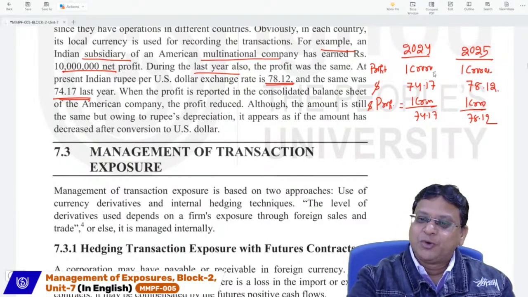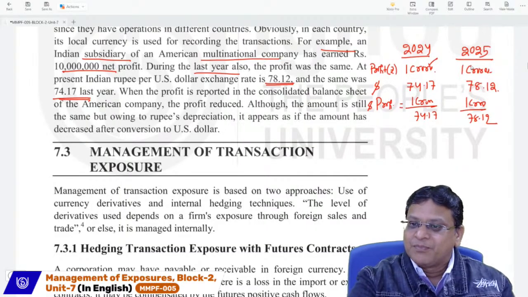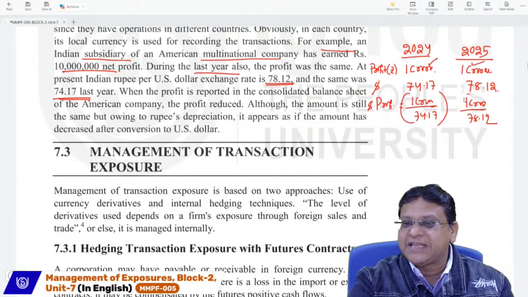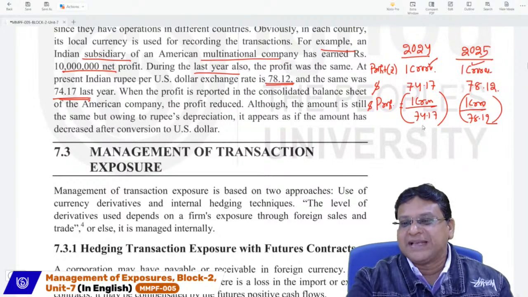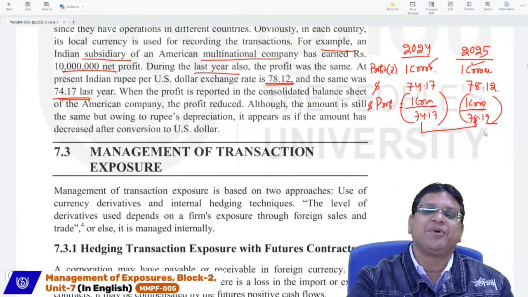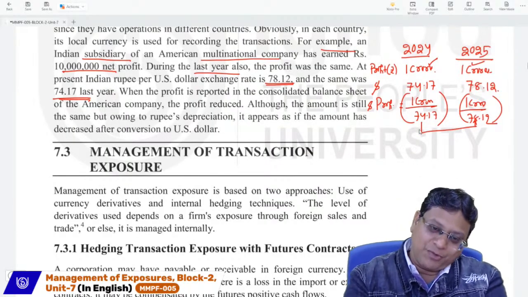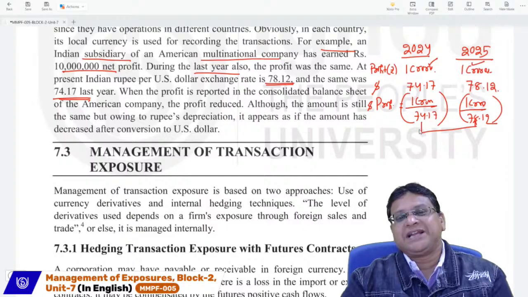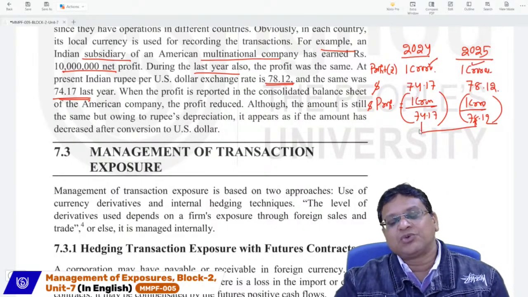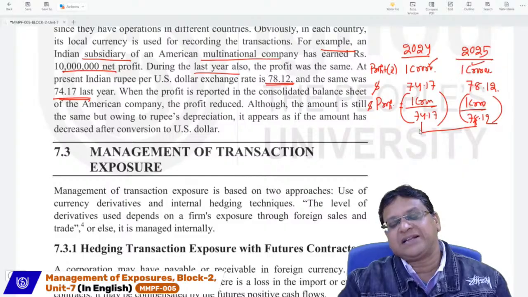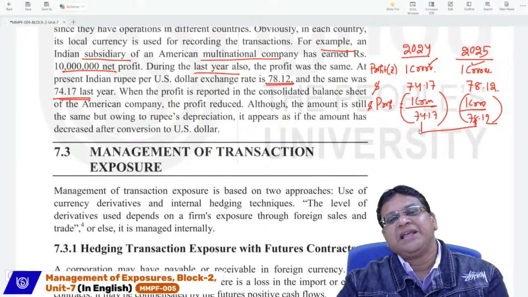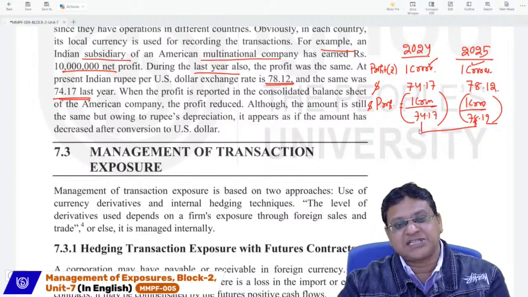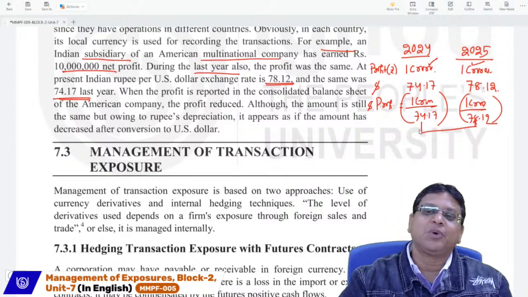The profit in rupee form is the same, but in dollar form it will decrease. Why will it decrease? Because the exchange rate has increased from 74.17 to 78.12. Though the profit amount remains the same in Indian rupee terms, in dollar terms it has reduced. So in the consolidated profit and loss, it will show that the Indian subsidiary this year has performed relatively poorly in comparison to 2024.